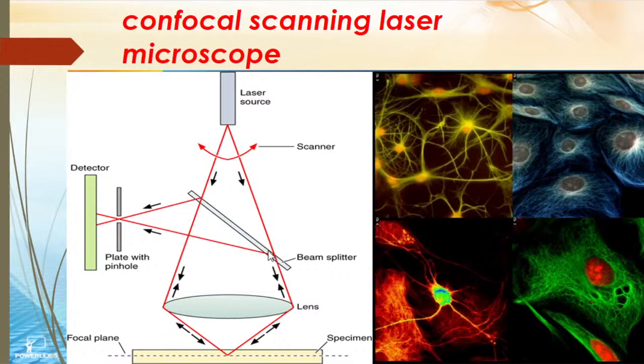The beam splitter reflects and divides them, and directs these rays through a special plate, the pinhole, to the detector. The detector is joined with a computer PC. Another moment: this is the migration of the laser source. The laser source scans the surface of the specimen and changes the focal plane many times.